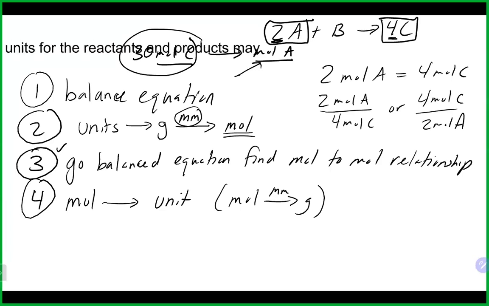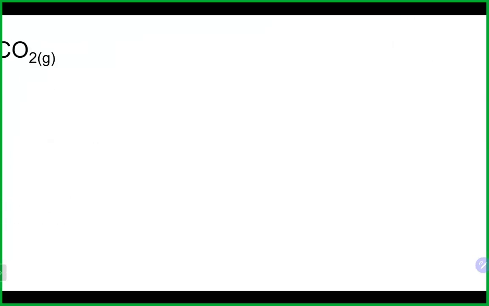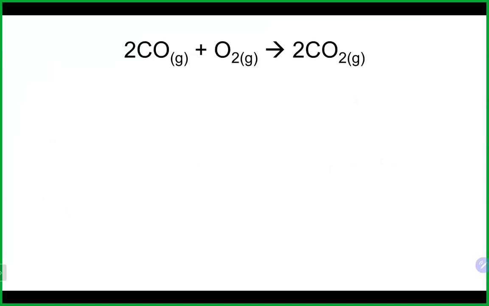All right, so let's talk a little bit more about how we get all these good things. Let's take this equation right here: 2CO plus O2 gives us 2CO2. From this one equation, we could get a lot of relationships or equalities.